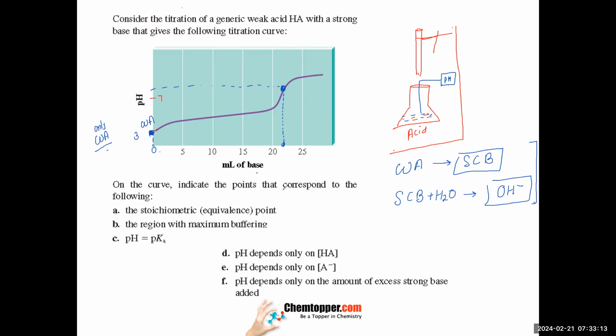And where is the half equivalence point? Where is the half equivalence point? Around 11 here. This is the half equivalence point. What is so special about this half equivalence point? Can you see? Is the pH changing at the half equivalence point?